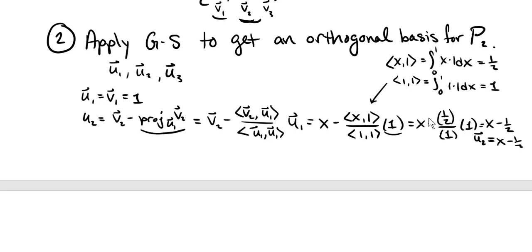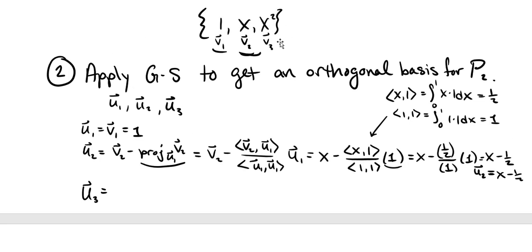Moving on, we do the same general thing to get U3. We take the next vector in our existing basis, so V3, which is x squared, and then we subtract off its projection onto each of the directions we've already covered.